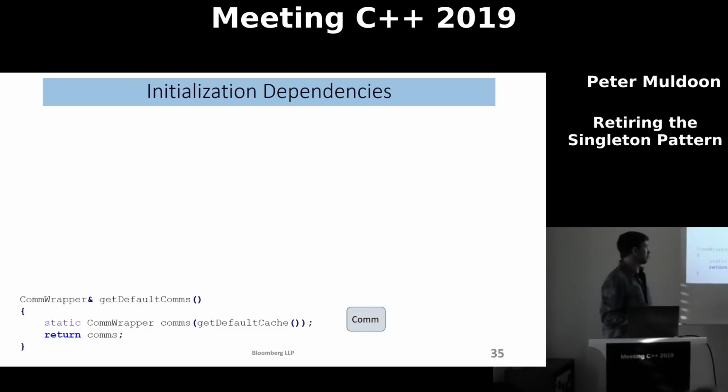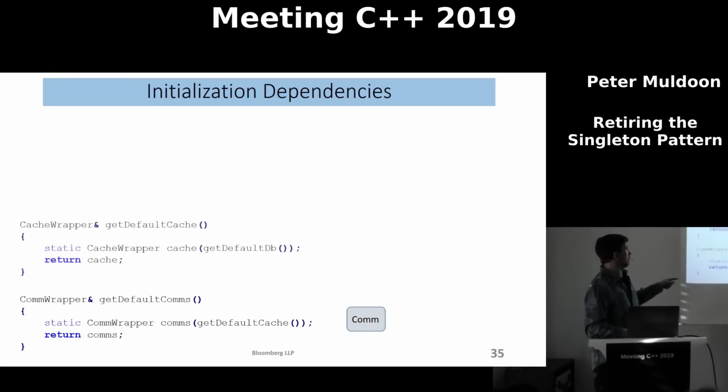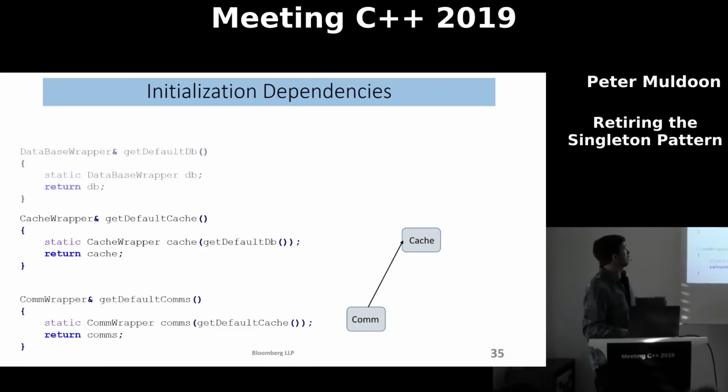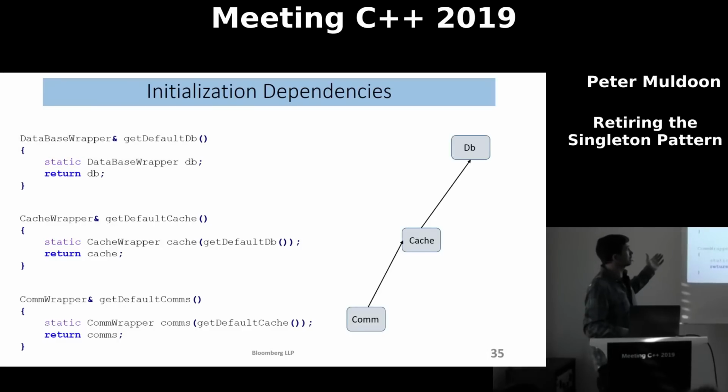So now when I get default comms, I say, okay, I got my comms wrapper, go get me the default cache. So before I make my comms, I've got to go get my cache. In my cache, I say, look, I need a default DB. Get me a default DB for this. That doesn't have any dependencies, and I go up and I get the database.